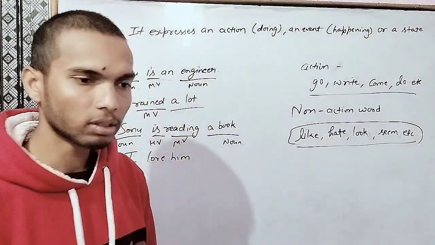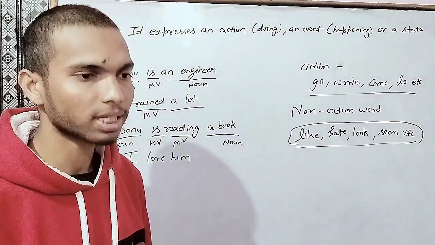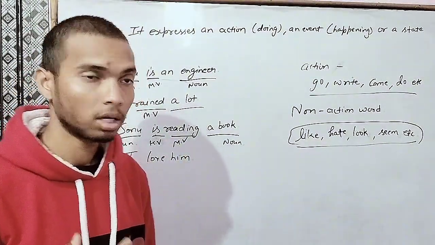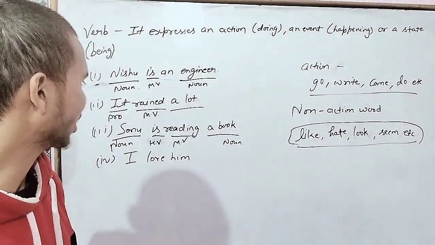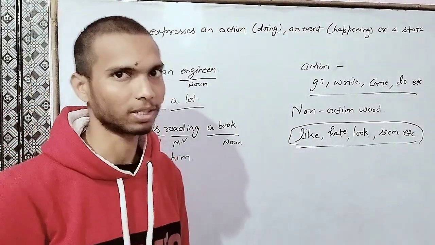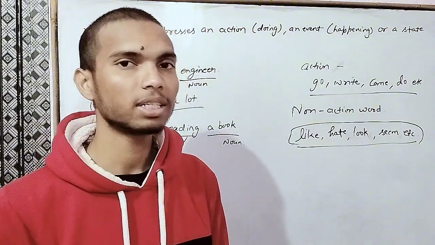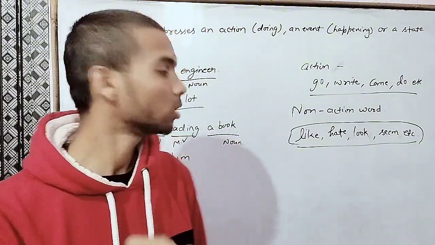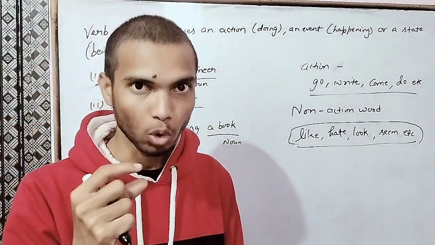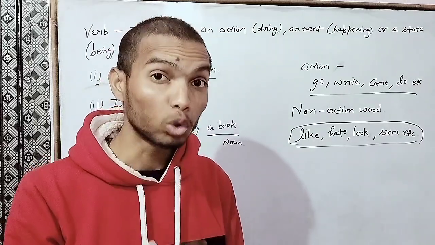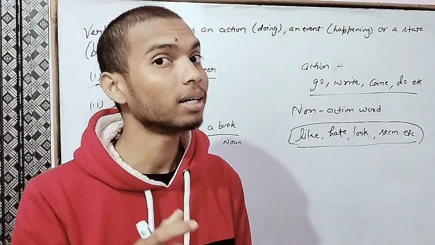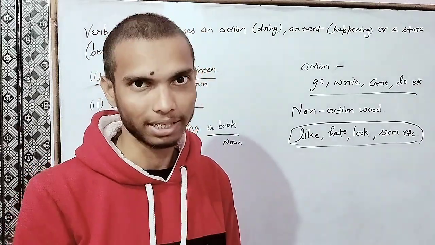So here reading is a verb, and this word is what? An action word. Now try to notice, Sonu is doing something. Sonu is doing physical activity. By physical activity, Sonu is able to read a book.